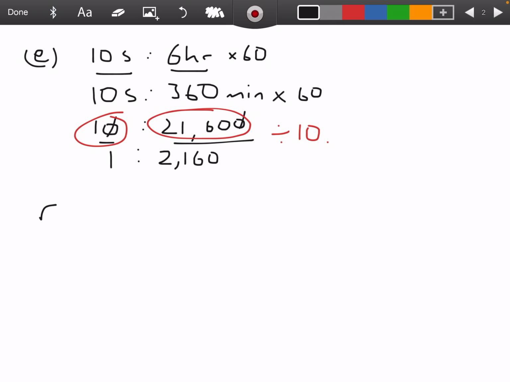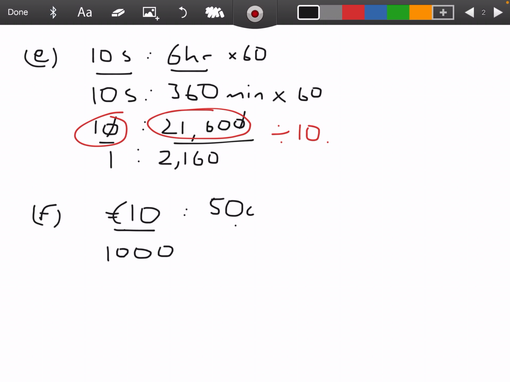Once we do that, the division is straightforward enough if we take our time. Last one, €10 as a ratio of 50 cent. So I know that I want to change euros into cents. There's 100 cents in each euro. So €10 is equivalent to 1,000 cent.